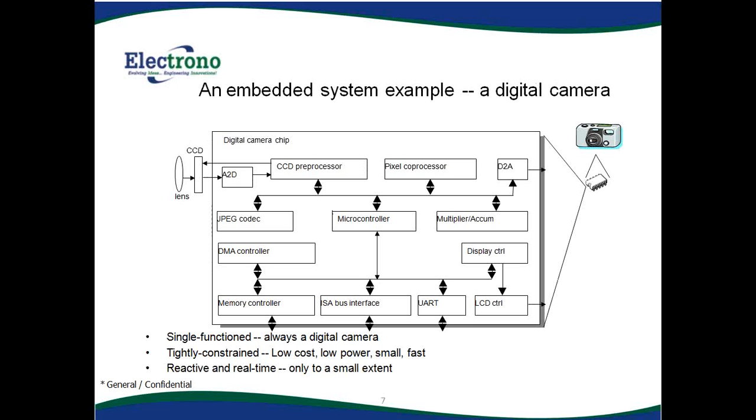So here we have one small example about an embedded system. Before explaining this, I would like to give you a very general block diagram of any embedded system. The main center part of any embedded system is a controller.